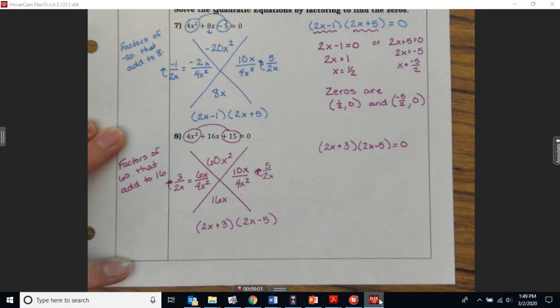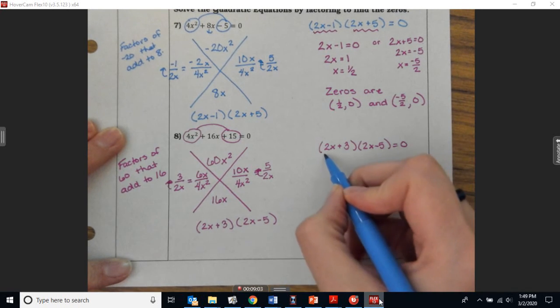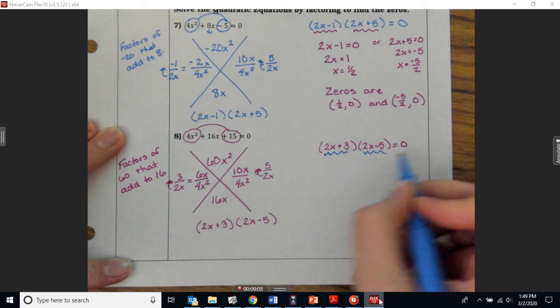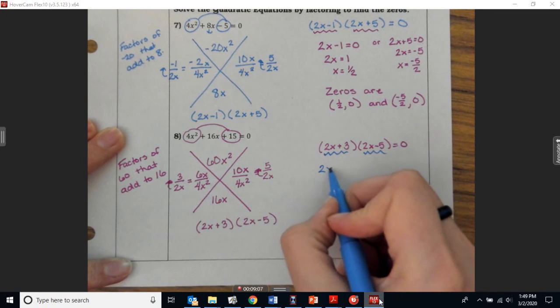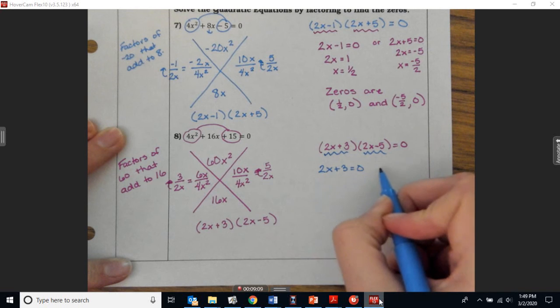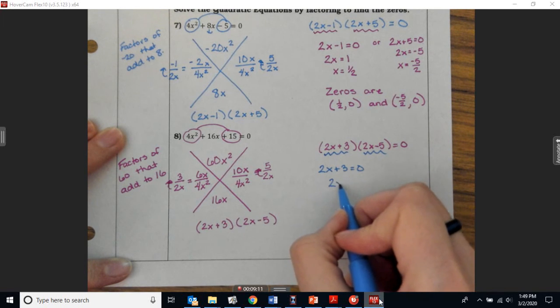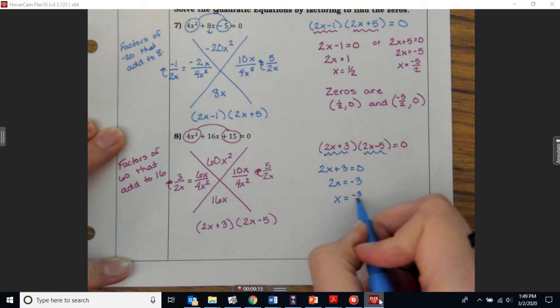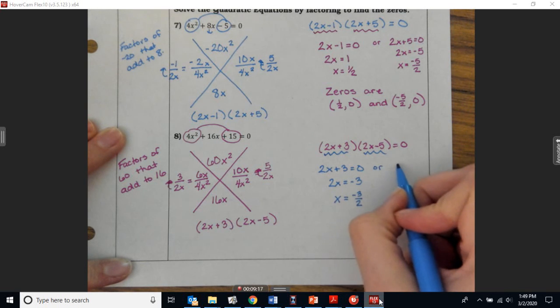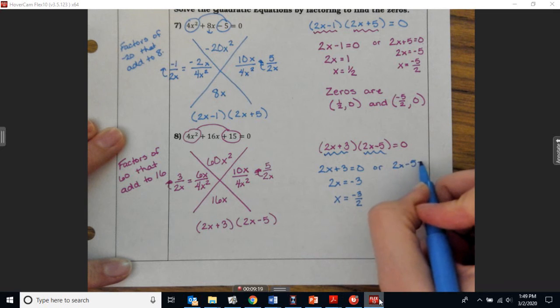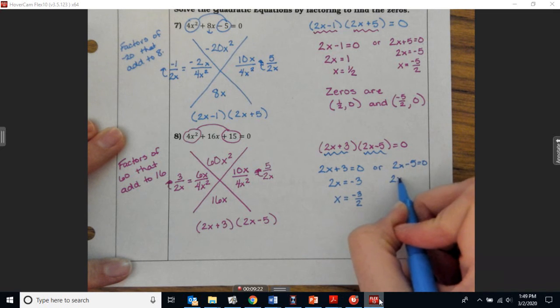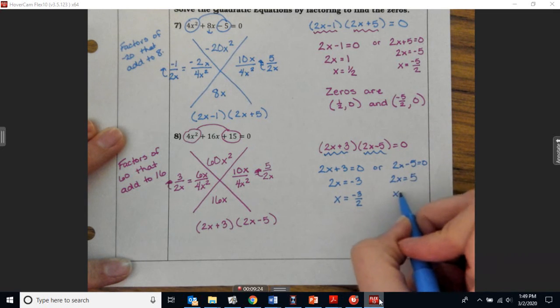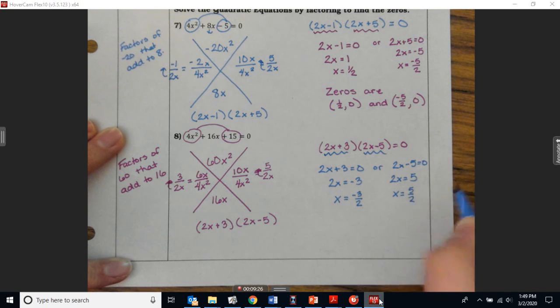Which means that either this side or this side equals 0. So 2x plus 3 equals 0, which means 2x equals negative 3, or x equals negative 3 over 2. Or 2x minus 5 equals 0, so 2x equals 5, or x equals 5 over 2.